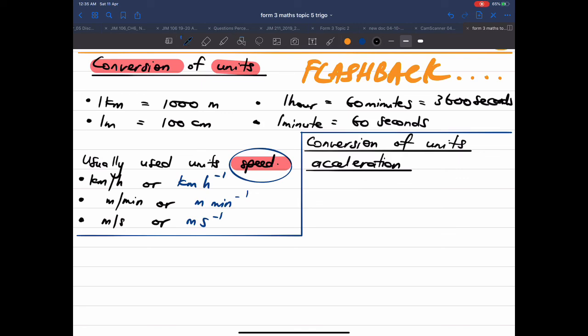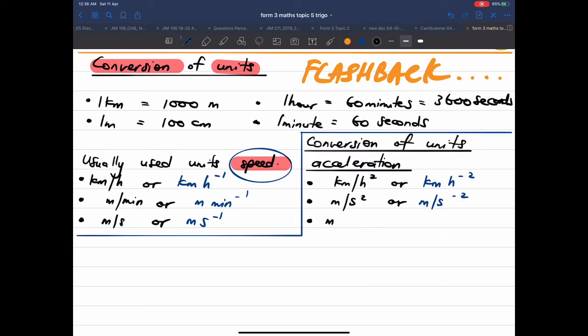They usually use kilometer per hour square, or kilometer hour -2, and then they use meter per second square, or meter second -2.